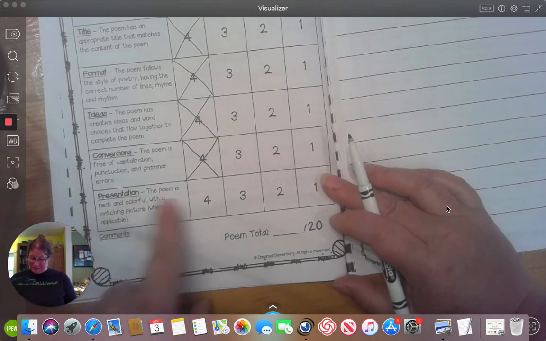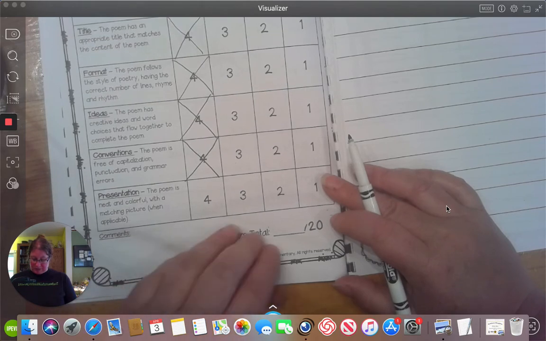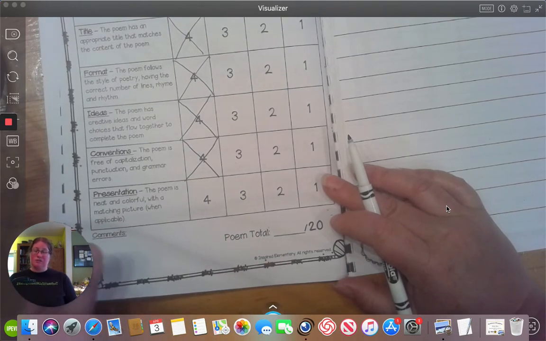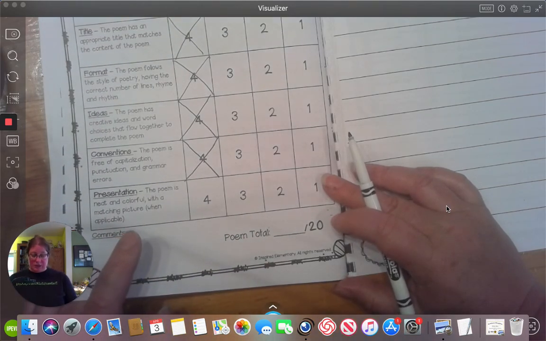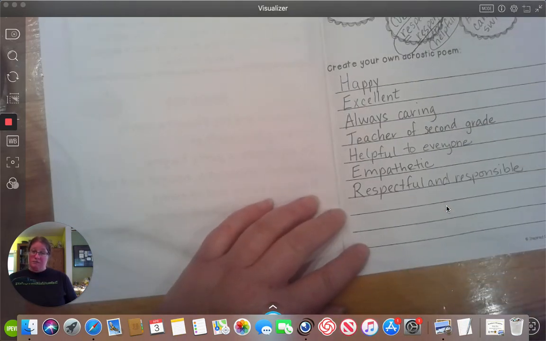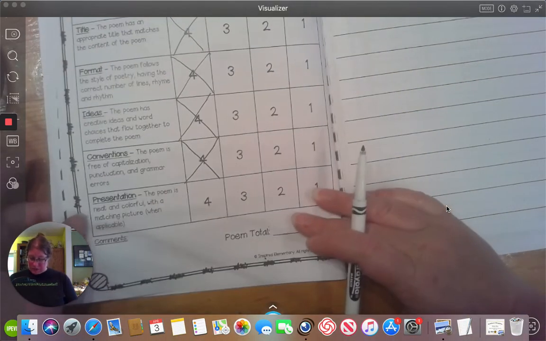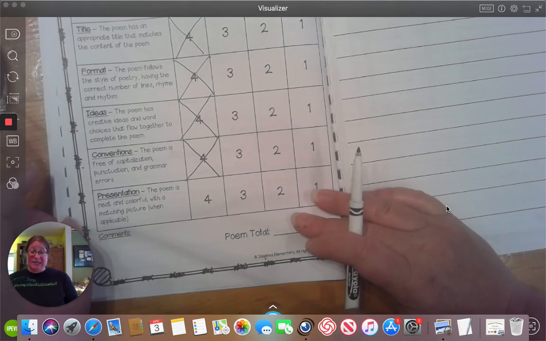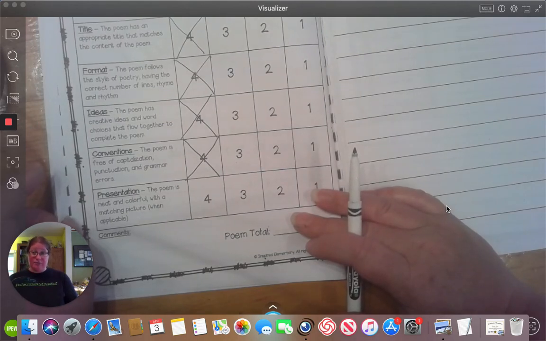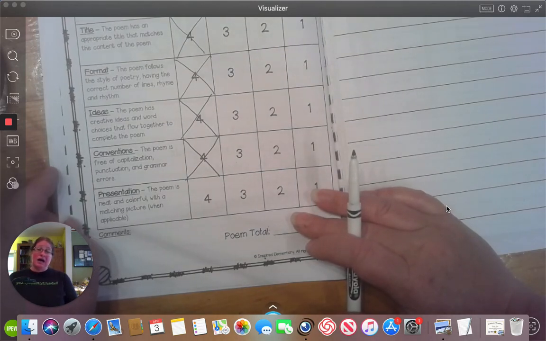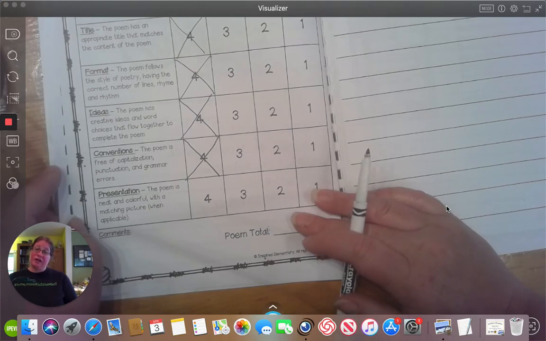Presentation. The poem is neat and colorful and a matching picture when applicable. Well, this poem didn't require a picture. Did I write it in my neatest, nicest handwriting though? I did. Some of us are still working on letter formation.